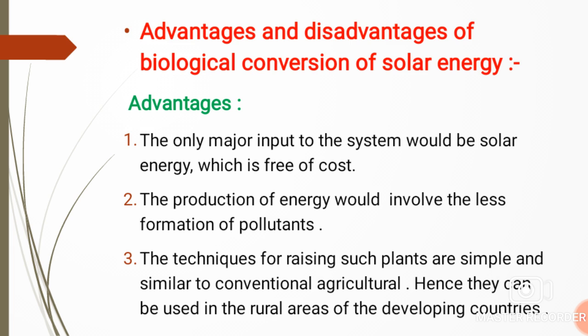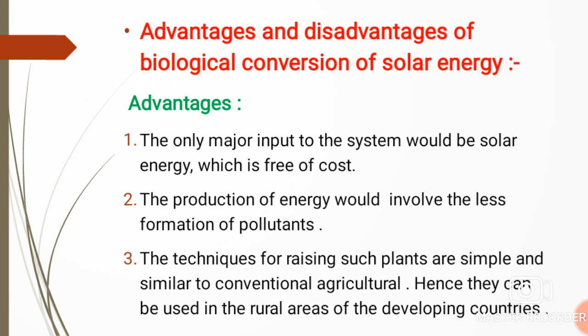Now in this video we have to see the advantages and disadvantages of biological conversion of solar energy. Why this? We know that photosynthesis is a natural process based on water and sunlight. That means plants synthesize their own food in the presence of sunlight and water, and the food synthesized by plants is nothing but organic matter, that is biomass.